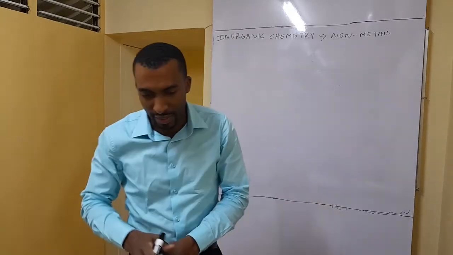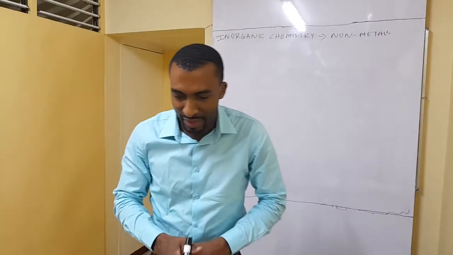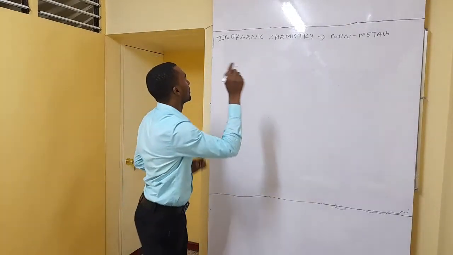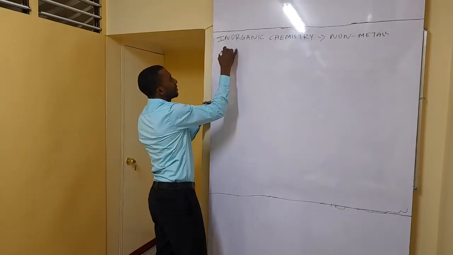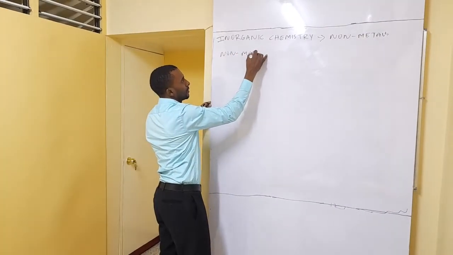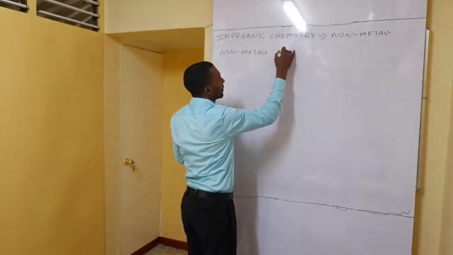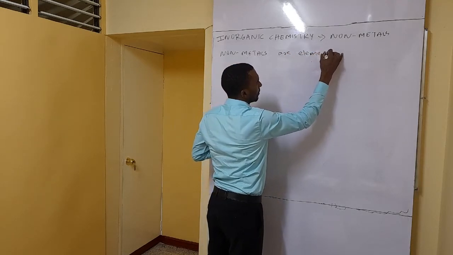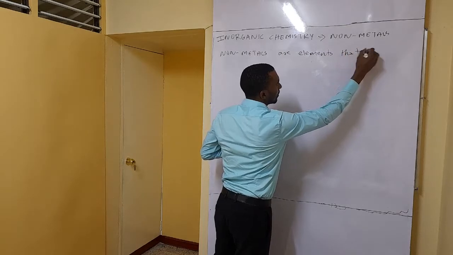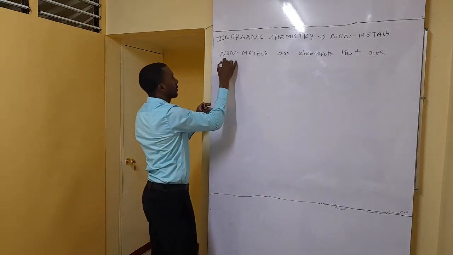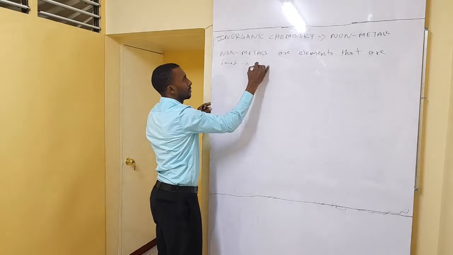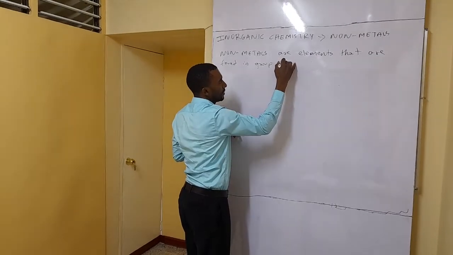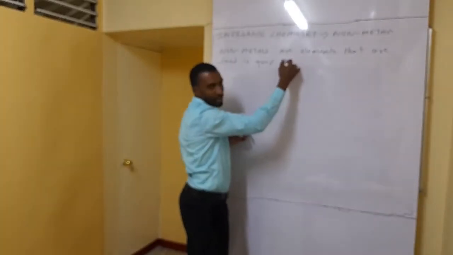Non-metals are elements that are normally found in groups 4, 5, 6, 7 of the periodic table. Carbon is in group 4, right?